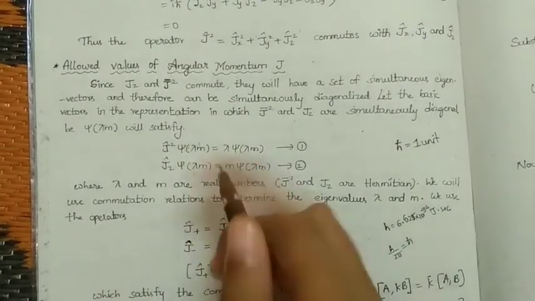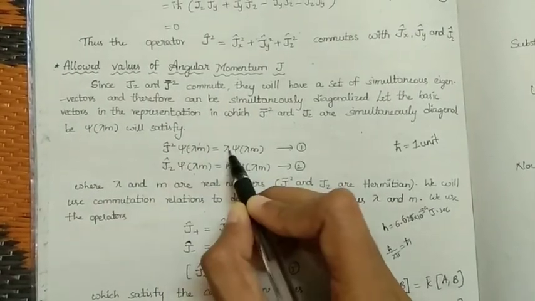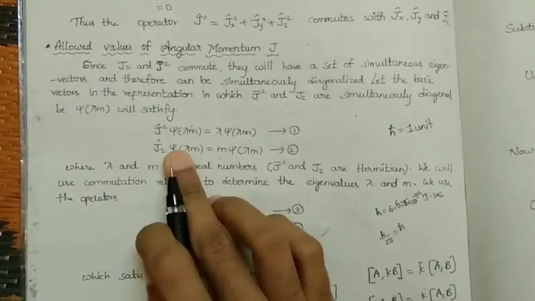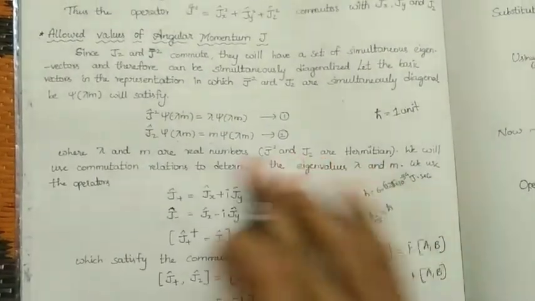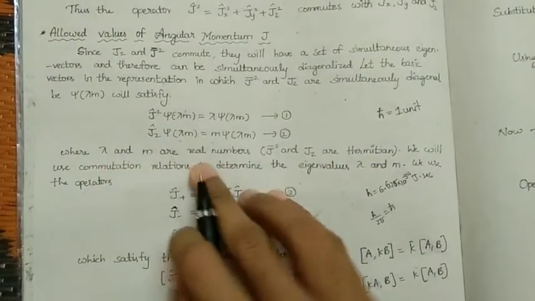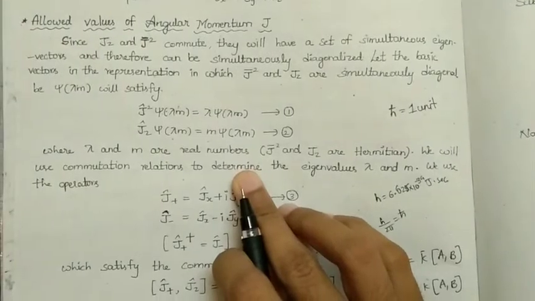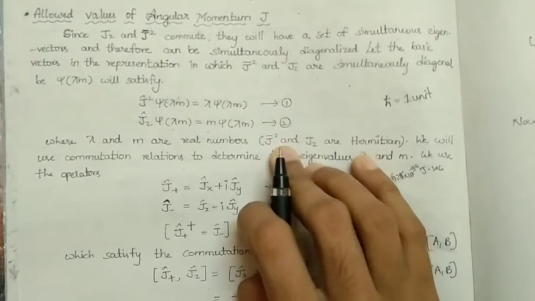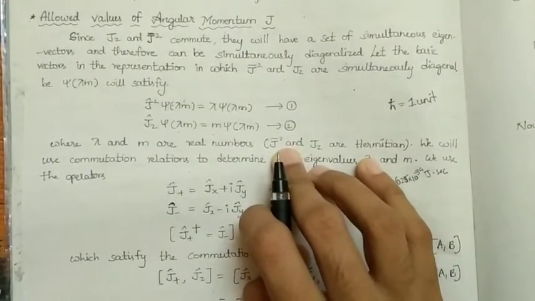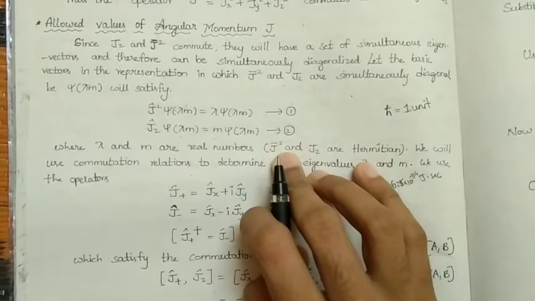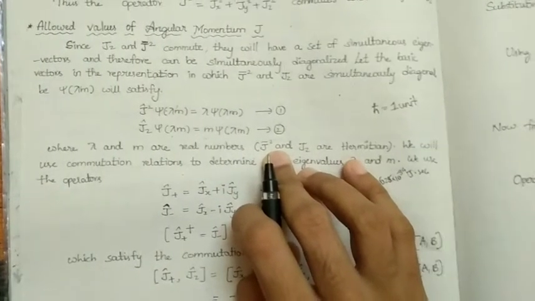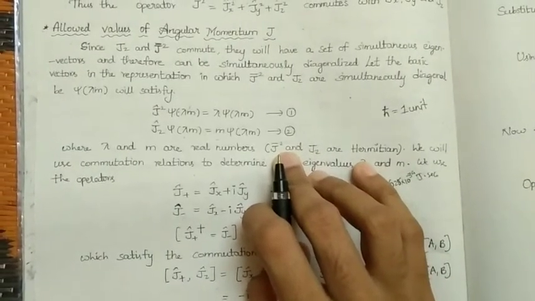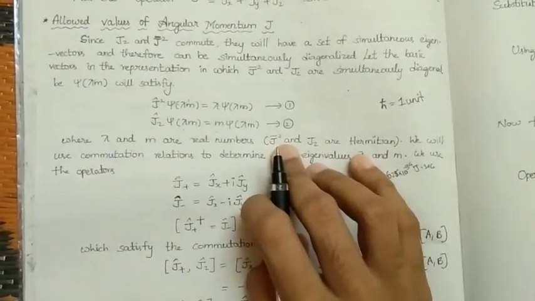So this is the eigenfunction for J square as well as Jz. With respect to J square, its eigenvalue is lambda, and with respect to Jz, the eigenvalue is m. That's why psi is considered a function of lambda and m, where lambda and m are real numbers. J square and Jz are Hermitian. Hermitian means that if A transpose conjugate equals A, then it is called Hermitian.